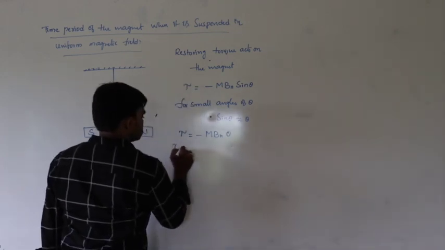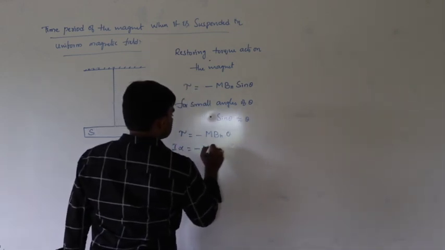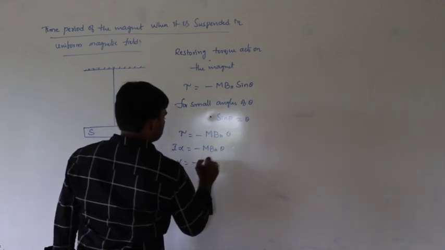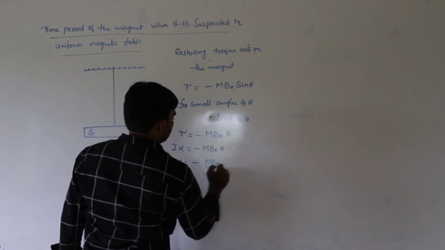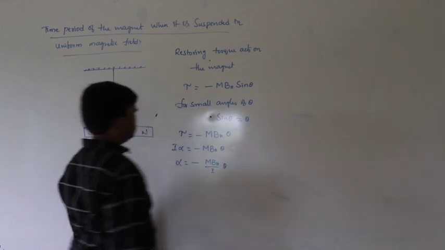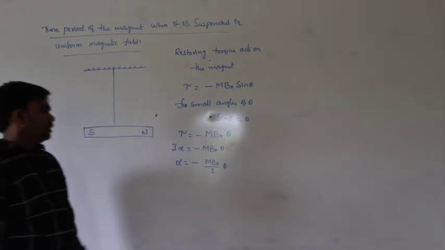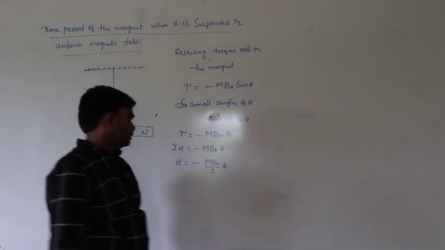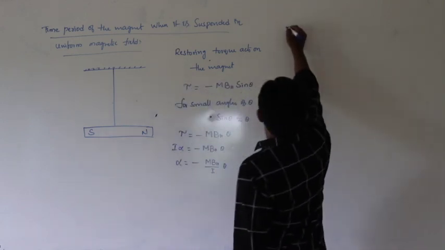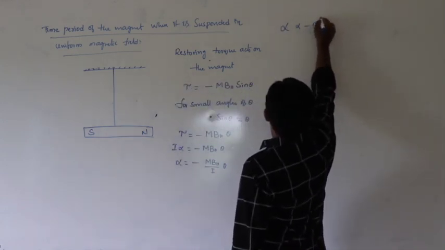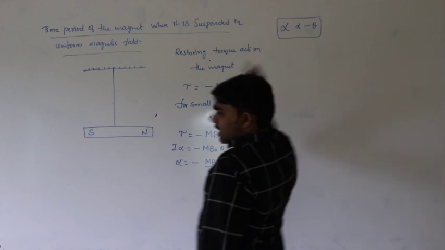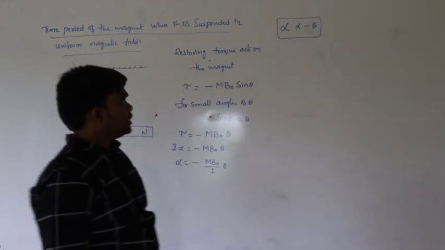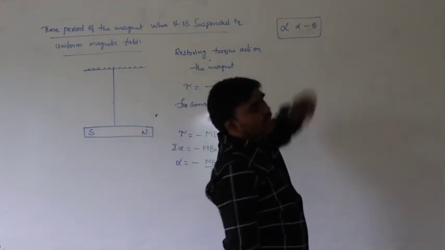We know tau is equal to I alpha, so alpha is equal to minus mBH by I into theta. So alpha is directly proportional to minus theta. That means angular acceleration is directly proportional to angular displacement, but opposite in direction.